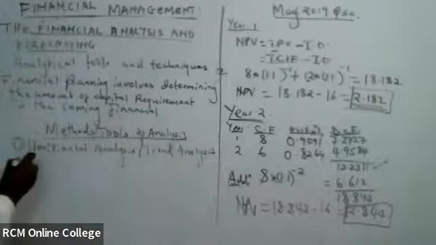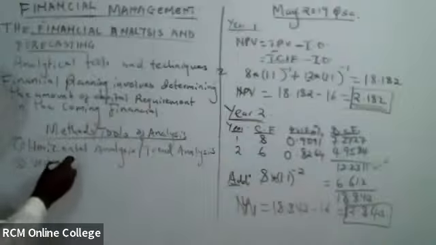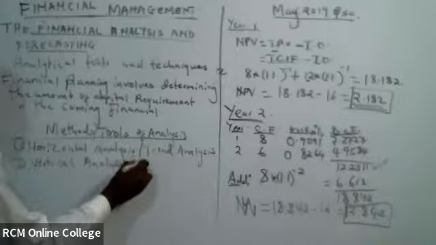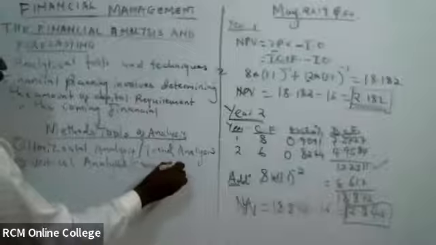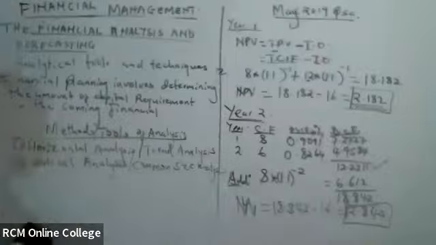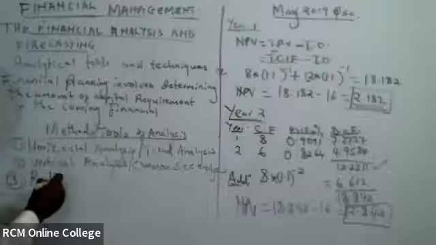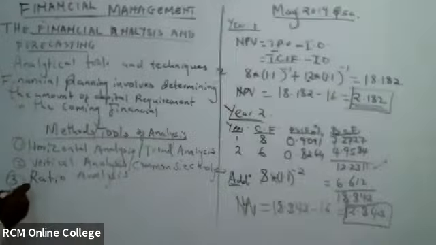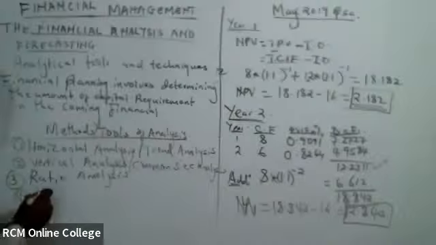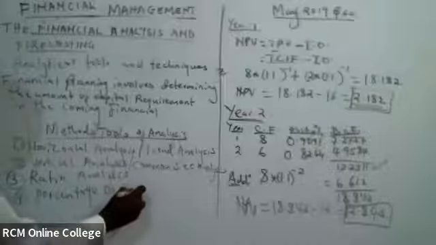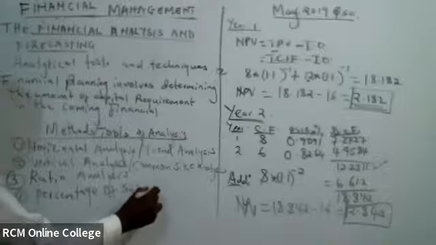We have vertical analysis, and vertical is the same as common size analysis. Then we have number 3, ratio analysis. And we have the percentage of sales method.